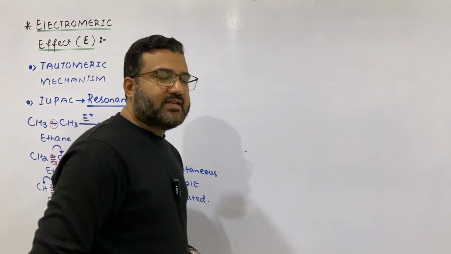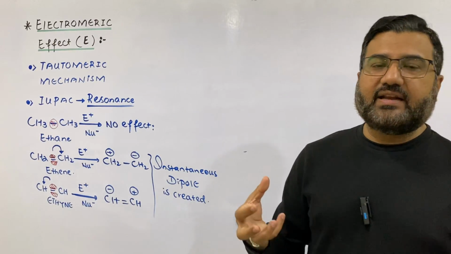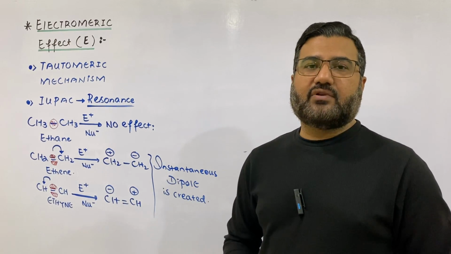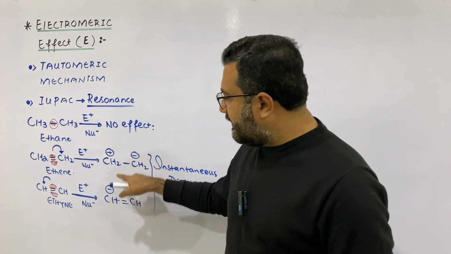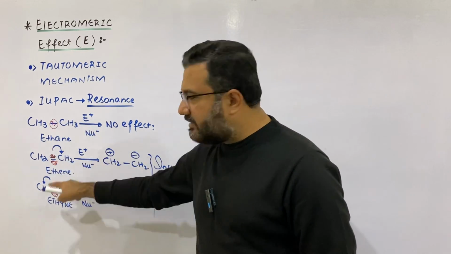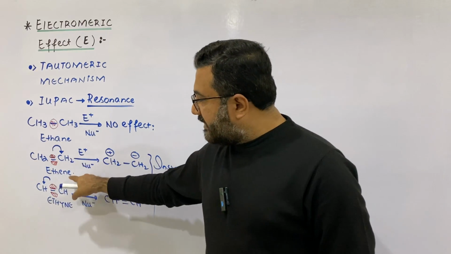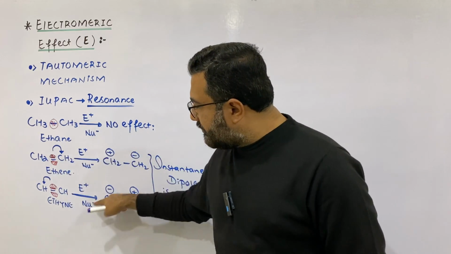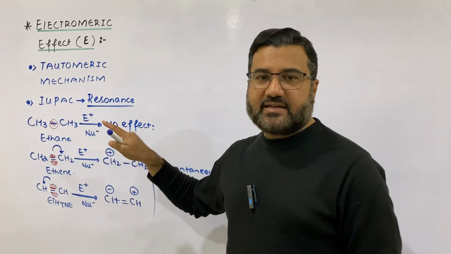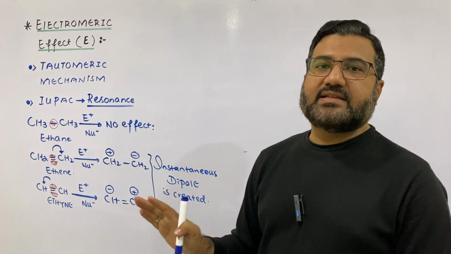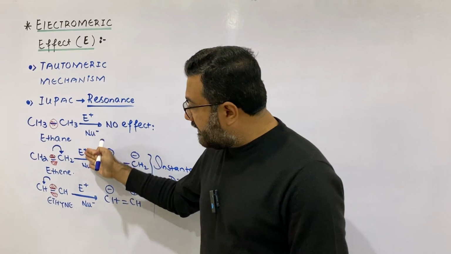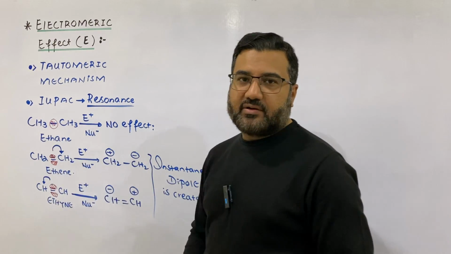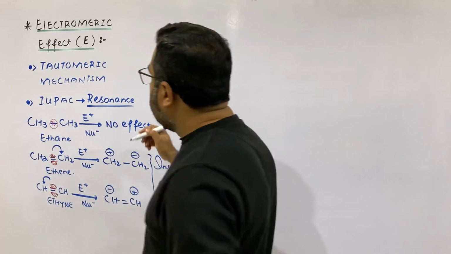These dipoles are created under the influence of the attacking reagent, and once you remove the attacking reagent from the reaction mixture, the instantaneous dipoles will change back to their original form. This is not a permanent conversion, it is a temporary conversion. Now we can define the electromeric effect.